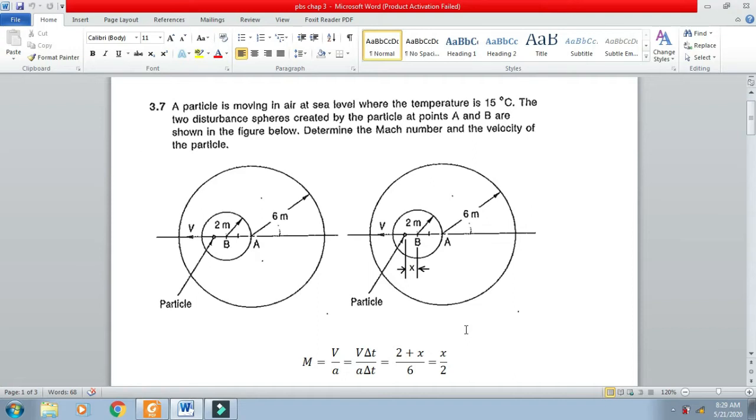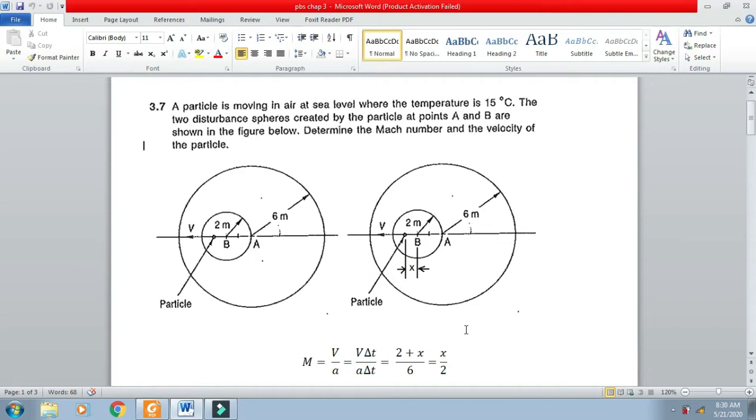To determine the Mach number, we use the formula M equal to V over a, and then we multiply the numerator and denominator with delta t. The distance traveled by the wavefront is a delta t, and the distance covered by the particle is V multiplied by delta t.